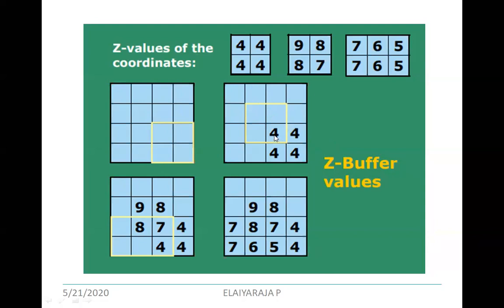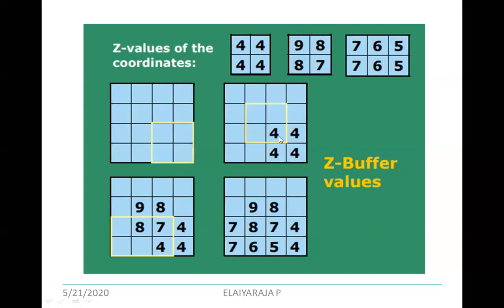Okay, so now we come to this algorithm. First I fill the values with the pixel 4 4 4 4. Then I move on to this pixel by taking these values 9 8 8 7. When you come over here, it will check this particular pixel x comma y.